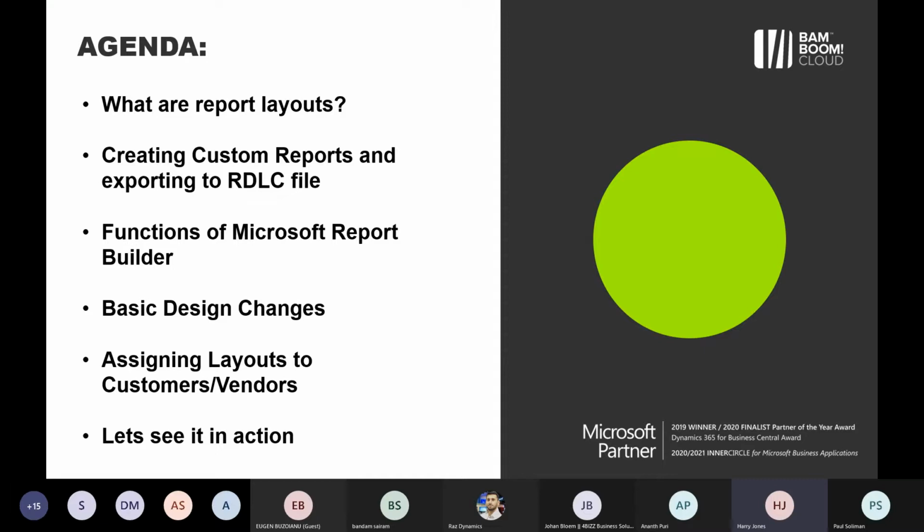Then we're going to cover some basic design changes: how to add logos, how to change fonts, how to add things called expressions. And to finish, we'll assign layouts to specific customers and vendors. So it's quite personalizable. You can really change things for different customers and different vendors.